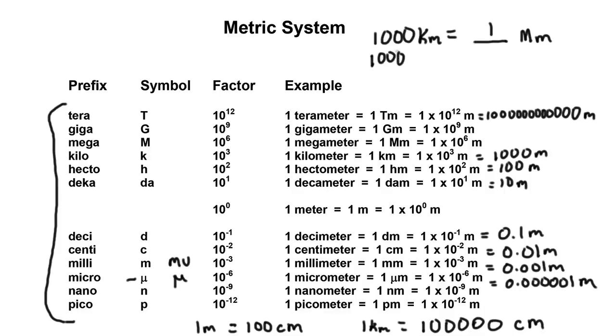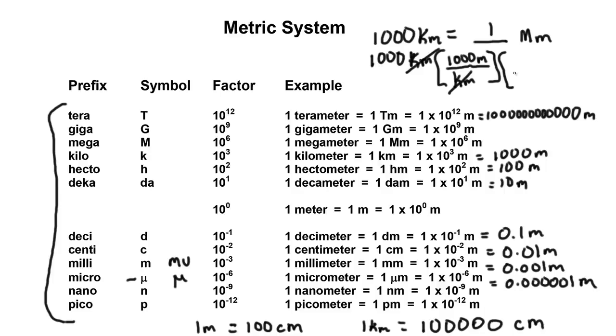If you have 1,000 kilometers, how many megameters is that? Well, in each kilometer, there's 1,000 meters. So 1 kilometer is 1,000 meters. Then those kilometers drop out. Then since we want mega, it says here 1 megameter is 1 times 10 to the 6 meters.